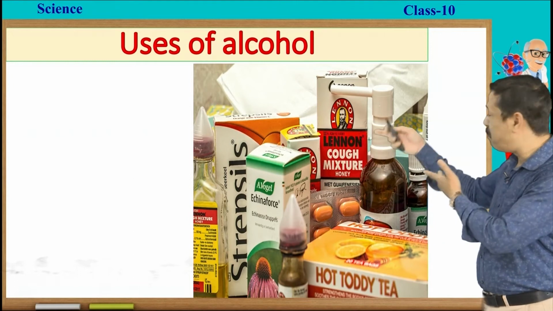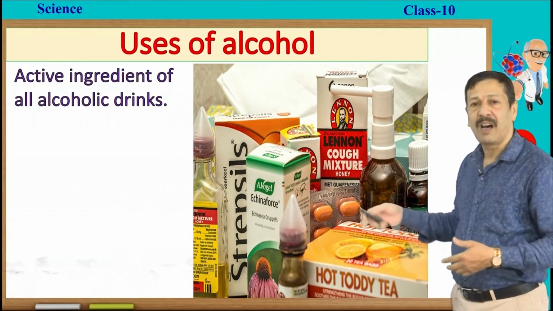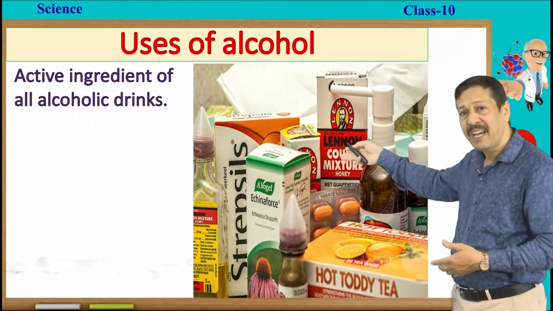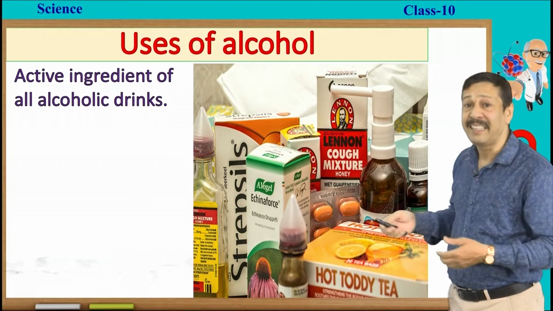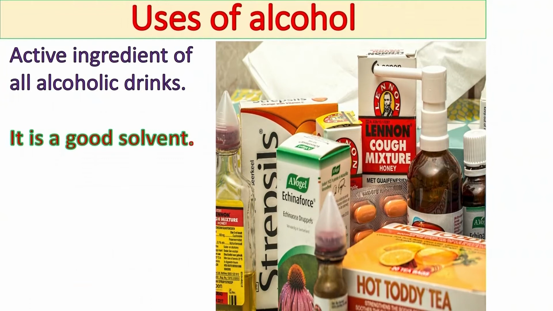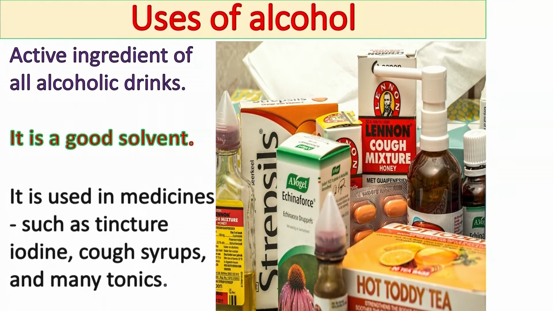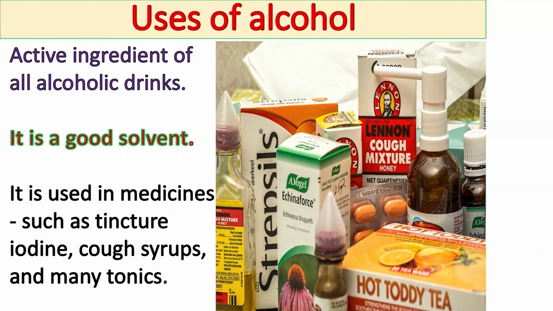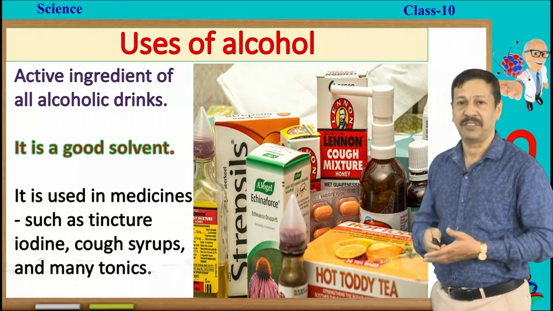You are seeing here many products that contain alcohol as an ingredient. It is the active ingredient of all alcoholic drinks. It is a very good solvent and is also used in medicines such as tincture iodine, cough syrups and many other tonics.